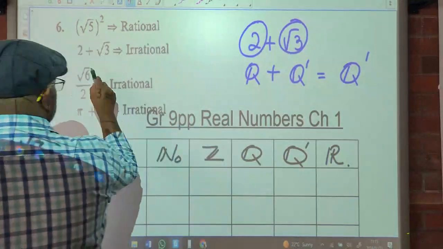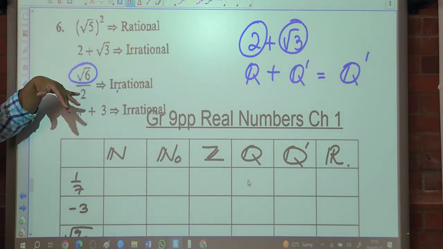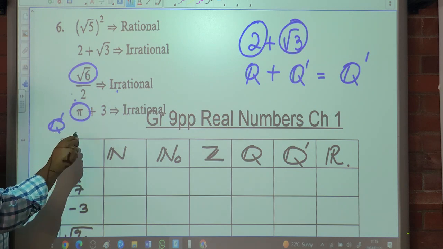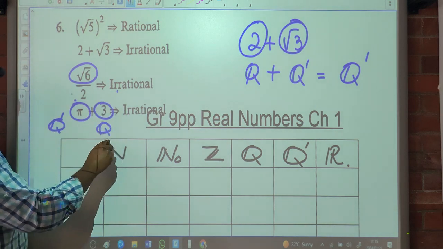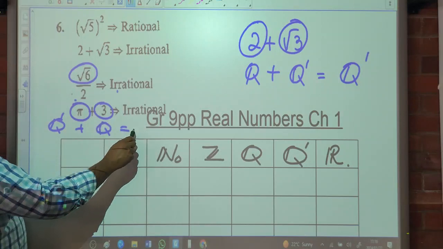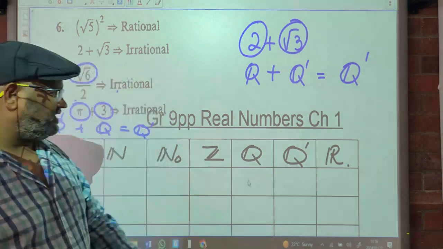Also irrational divided by rational is irrational, unless the two irrational values cancel out as I showed you earlier. This is irrational and this is rational, so this answer will be rational or irrational? Irrational again.